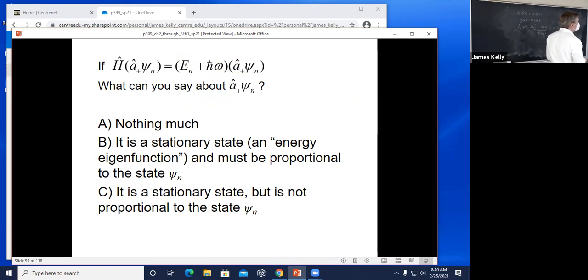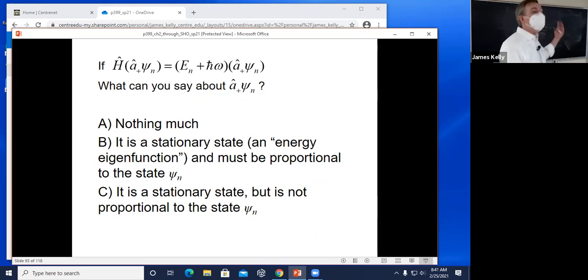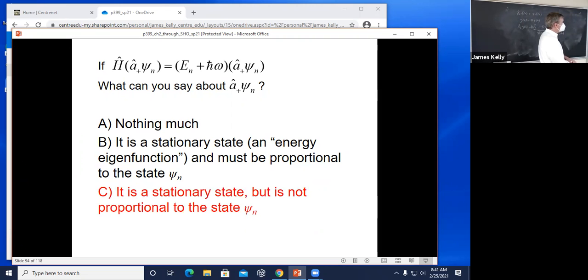And that means it can't be just proportional to the original psi that we assumed already was a solution. It's got to be a different, linearly independent solution. And that's important because we're looking for different solutions. So the answer is it's a stationary state, but it's not proportional to the state psi n because the eigenvalue is different. Proportional eigenfunctions have the same eigenvalue because the constant just goes along for the ride out in front.